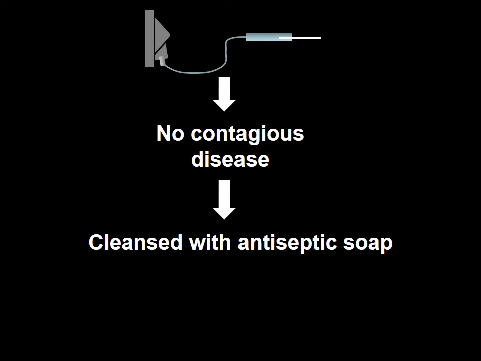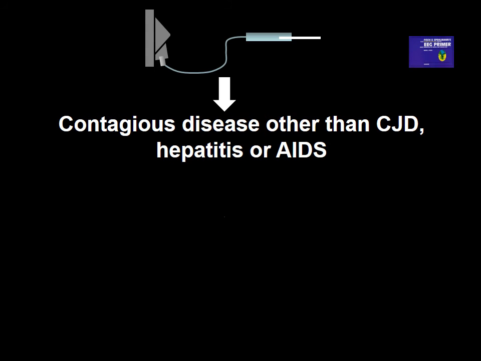When non-disposable electrodes were used, the handling depended on multiple factors. Surface EEG electrodes, when used in patients with non-contagious diseases, were cleaned with antiseptic soap and inspected before reusing them.